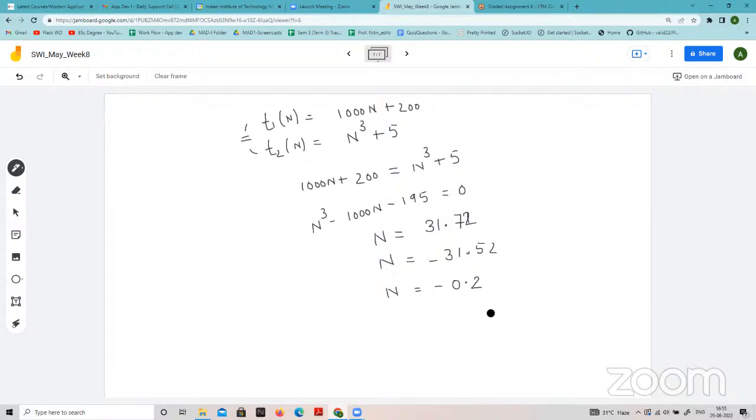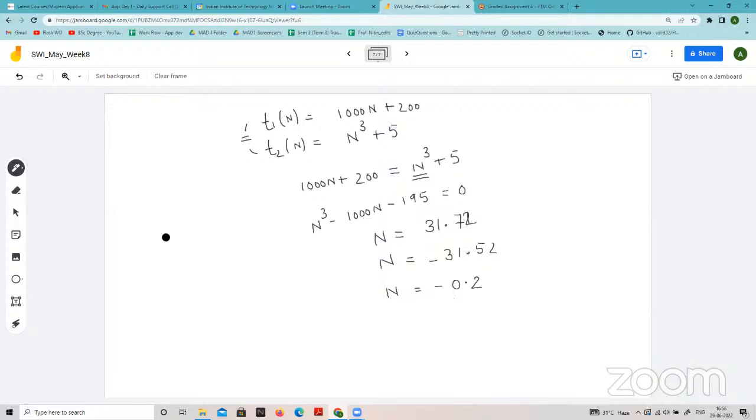So these are the three values where these curves intersect. It is pretty much evident that we'll have three values because this is the highest power. This is called the degree of the polynomial, and the degree of the polynomial determines how many roots there are going to be for the polynomial. So these are the three values.